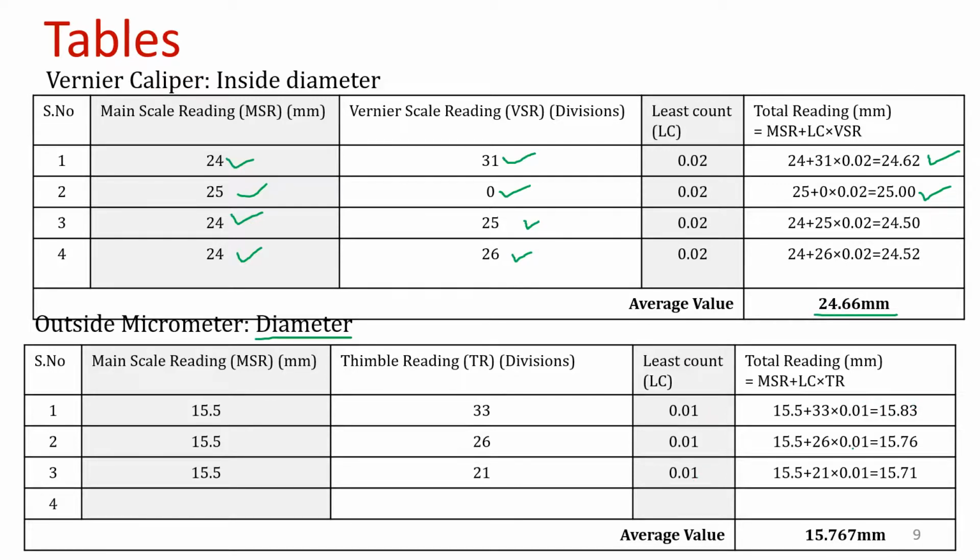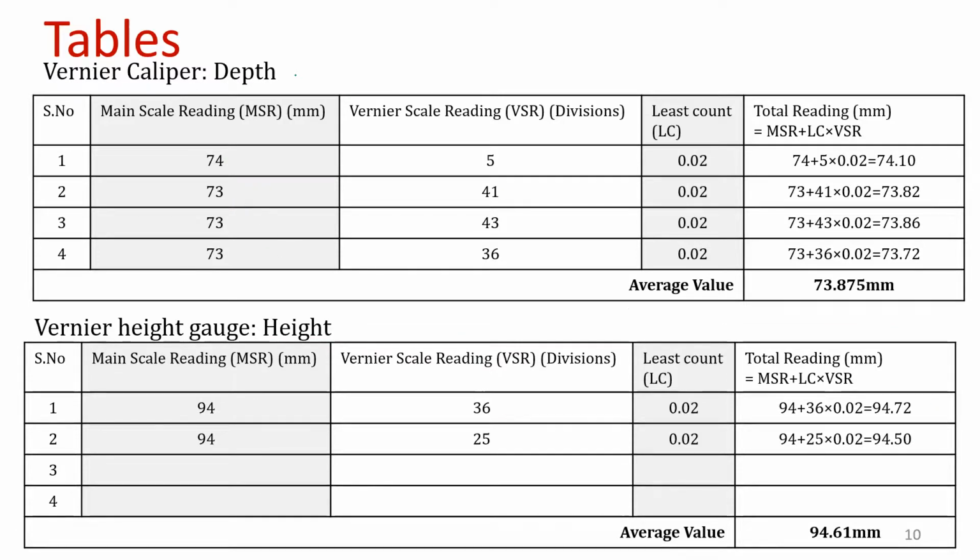The total readings we got are 15.83 for the first, 15.76 for the second, and 15.71 for the third. So the average is 15.767 mm.